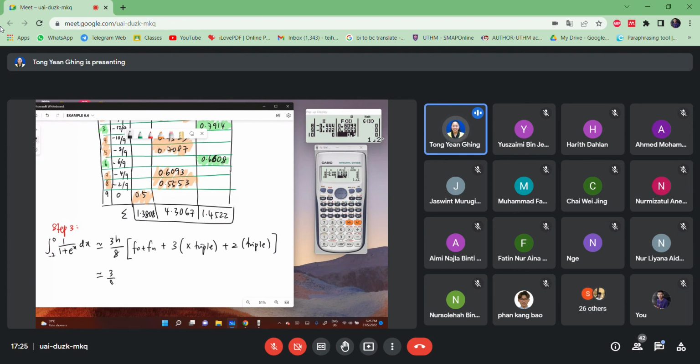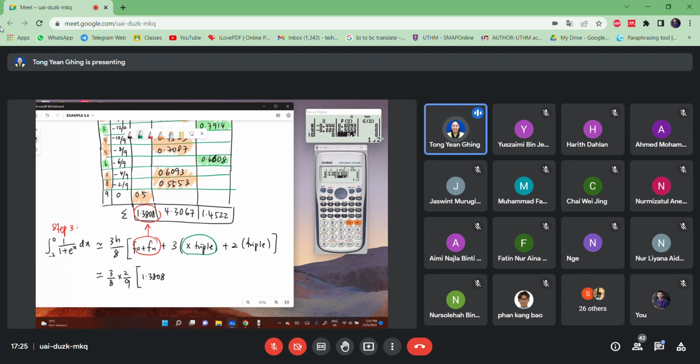So 3 over 8, h step size is 2 over 9, times 2. And this value is actually 1.3808.